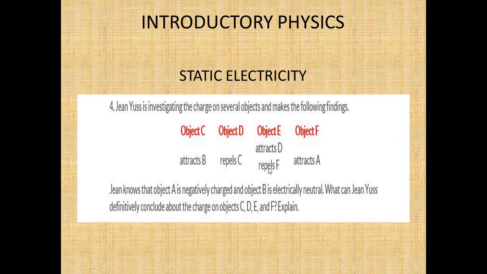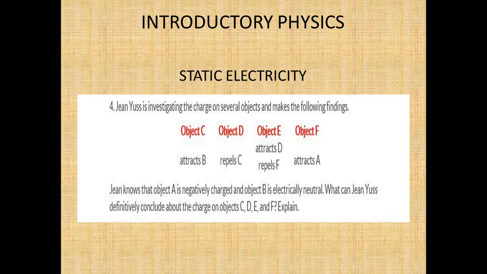If F repels E, it can only repel E if E is of the same charge. It cannot be neutral. Only like charges repel, and since F is positive, E has to be positive.